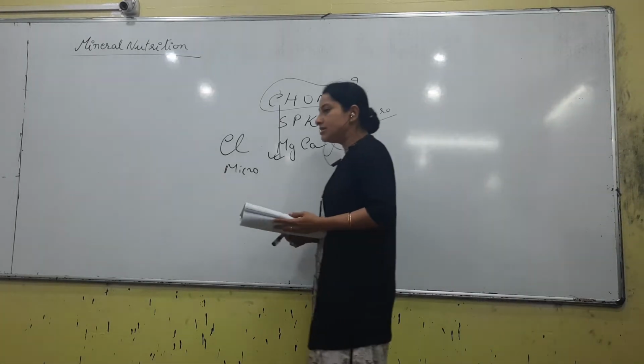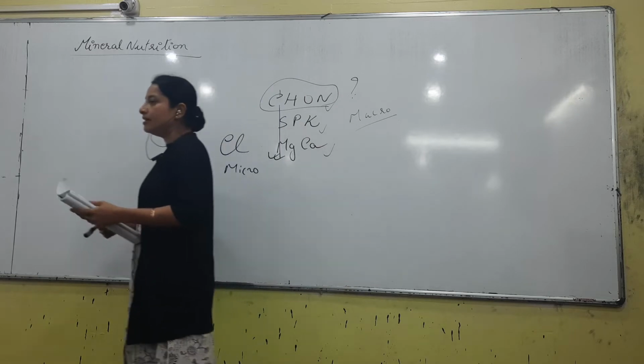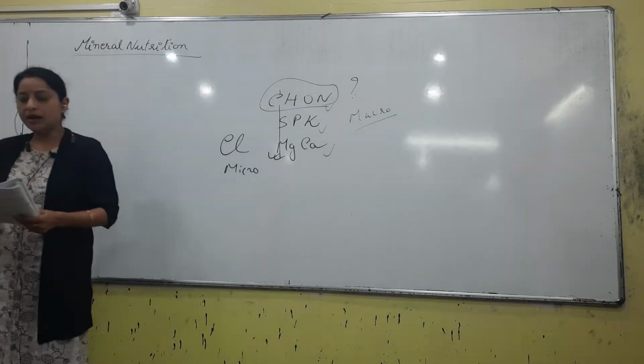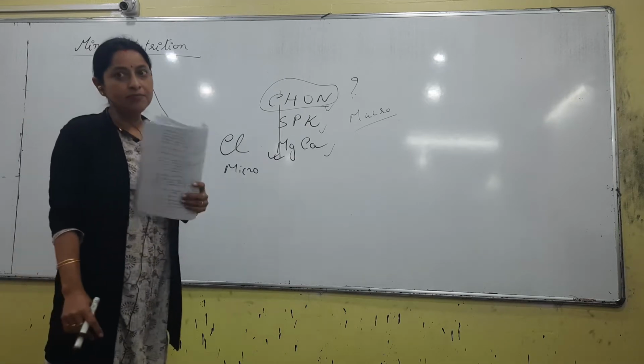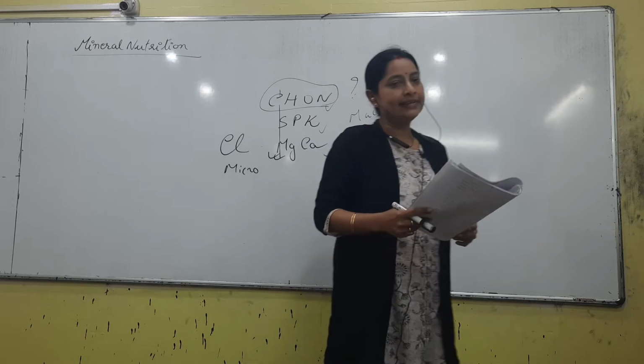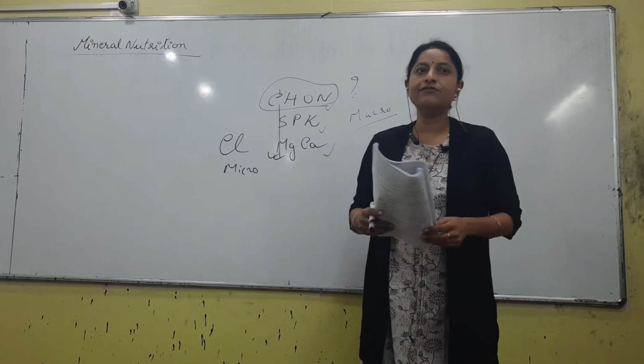Next, toxicity. The toxicity concept: if an element is present in more than the amount a plant needs, we call it toxic. Most of the micronutrients become toxic. Toxicity of Mn is the only example that you have to read from this section.